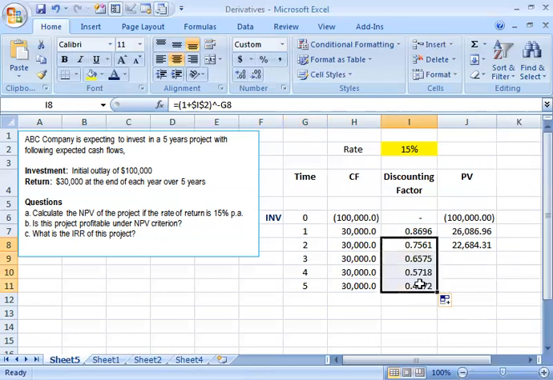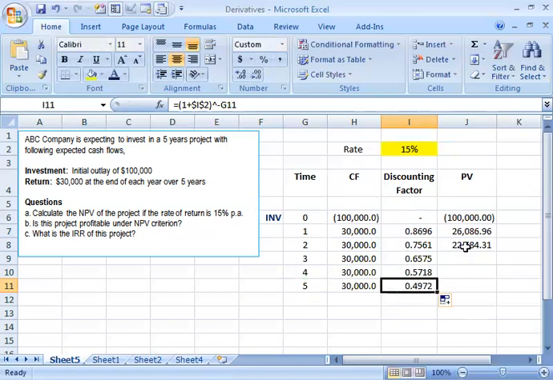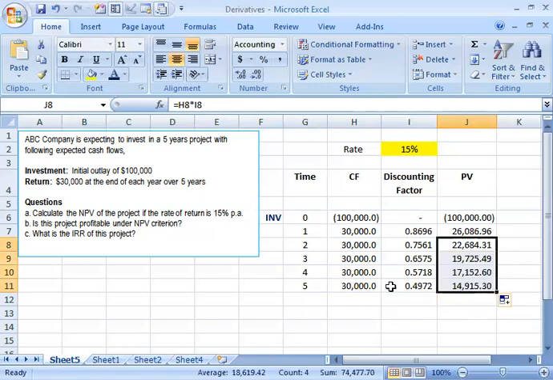You can check here this value, this and this time period, and the rate of return is fixed here. Do this similar thing for this PV column also. Right, now we are done.